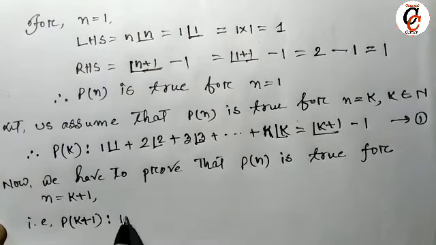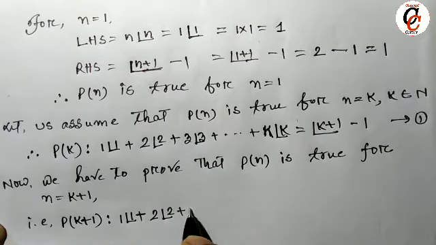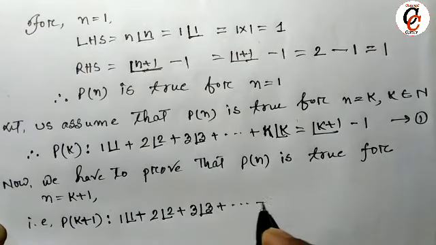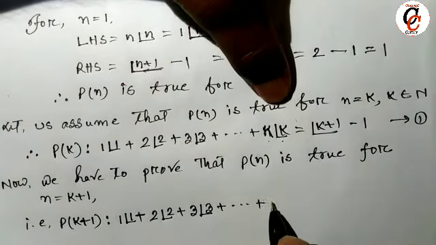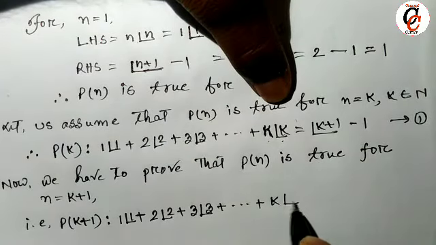Here 1 into 1 factorial plus 2 into factorial 2 plus 3 into factorial 3 plus up to k into factorial k, it will remain the same.